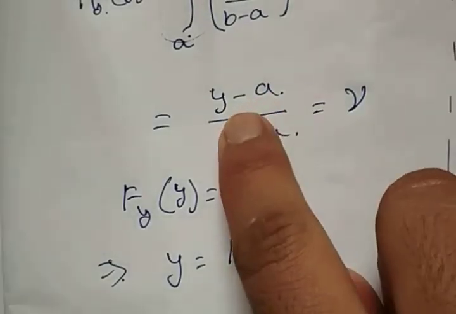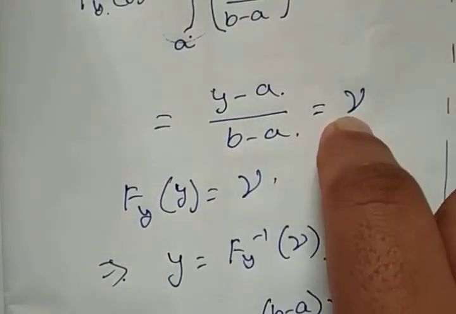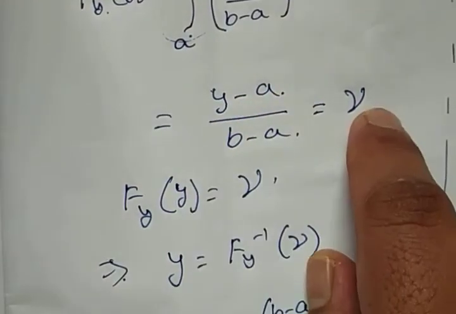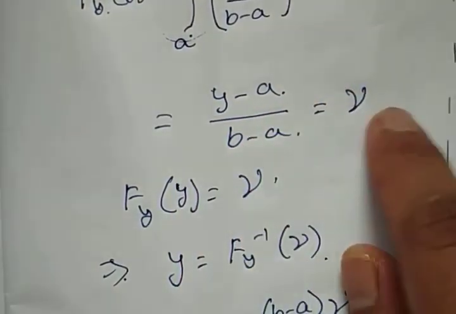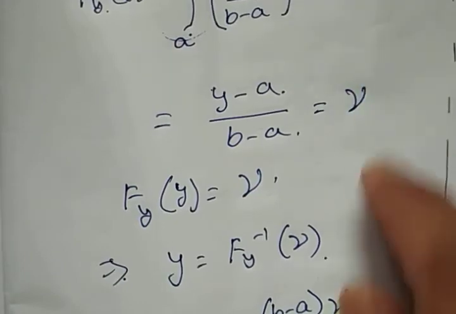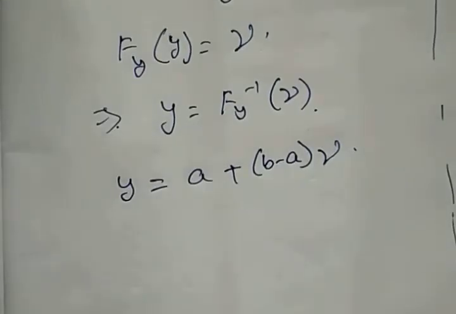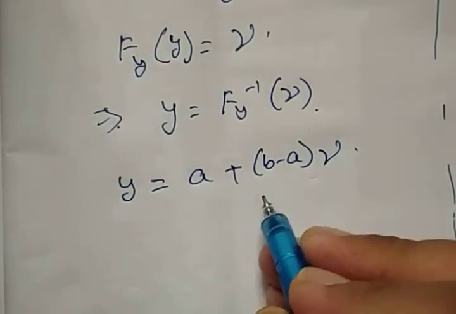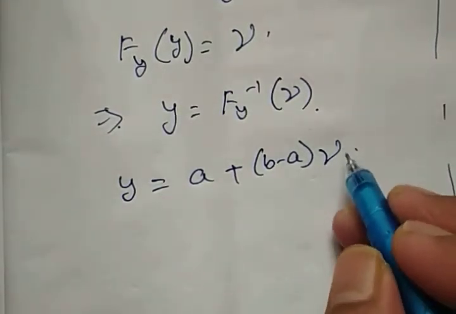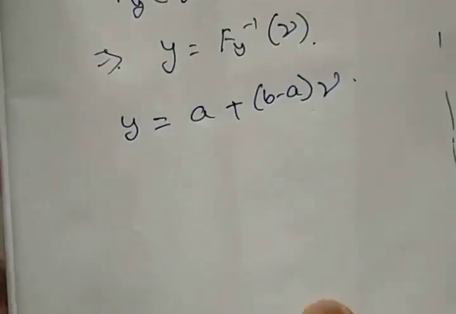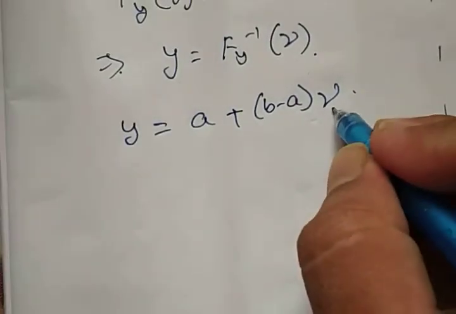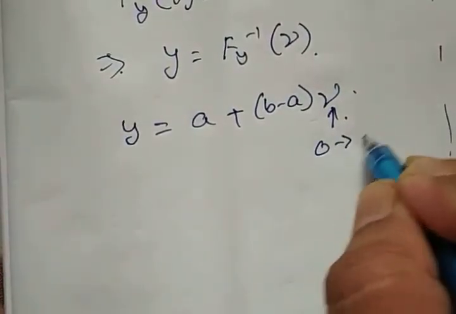What I do is I find out the function of y. I'm doing an inverse transformation, but I'm actually finding out y when nu is given to me. So just rearranging my equation, I get y equals a plus (b minus a) times nu. Now what have I done? This value is going to range from 0 to 1.